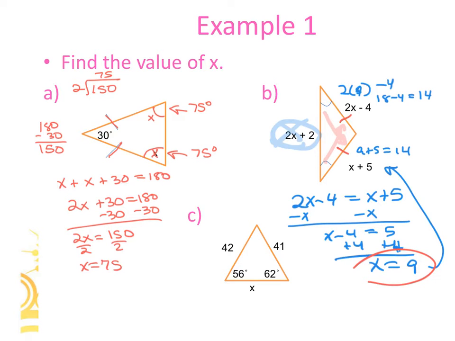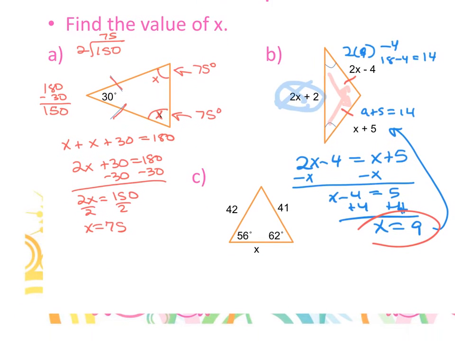Now for the next one, again, we need to figure out what that missing angle is before we can figure out, is x going to be the same as the 41 or is it the same as the 42? So let's find the missing angle first by adding the two angles we have. So we're going to add 56 plus 62. I get 118.